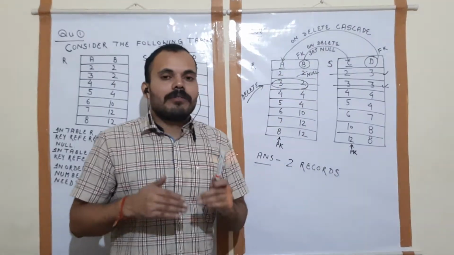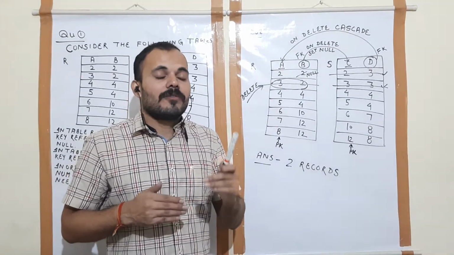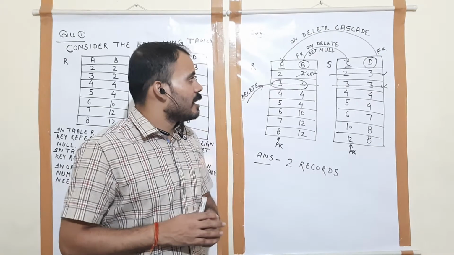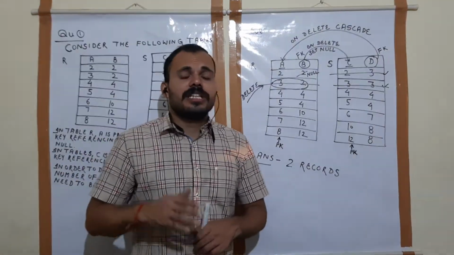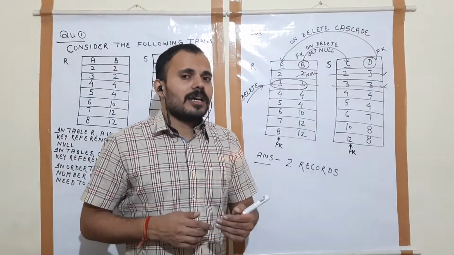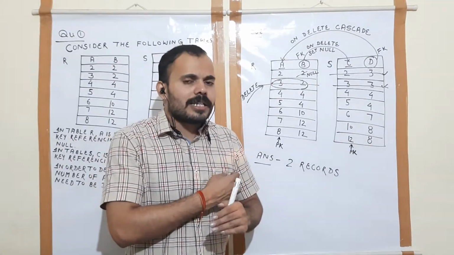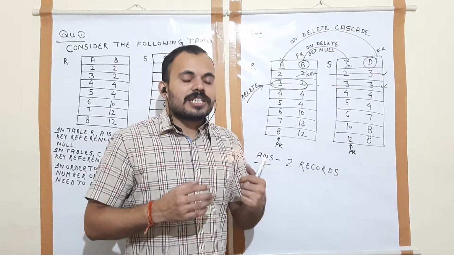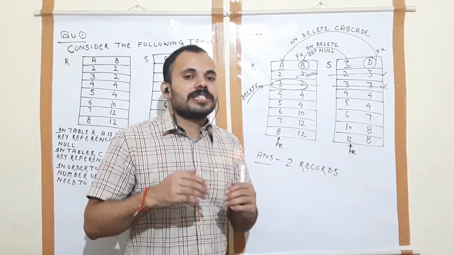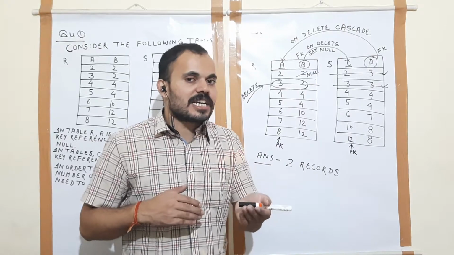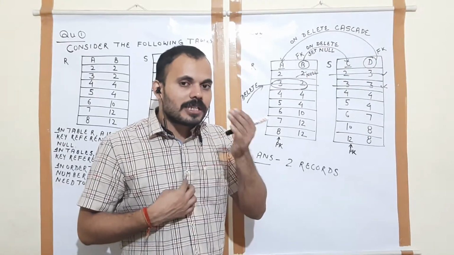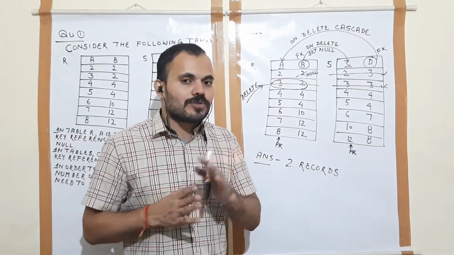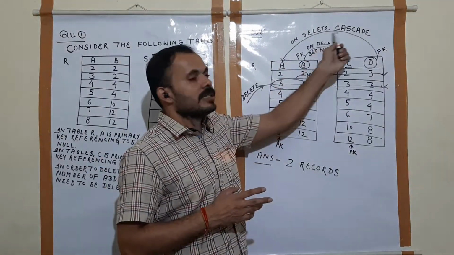It means if I delete any record from the referenced relation R, then the records which contain the foreign key value same as the value present in the deleted record, I also have to delete, because it is on delete cascade.